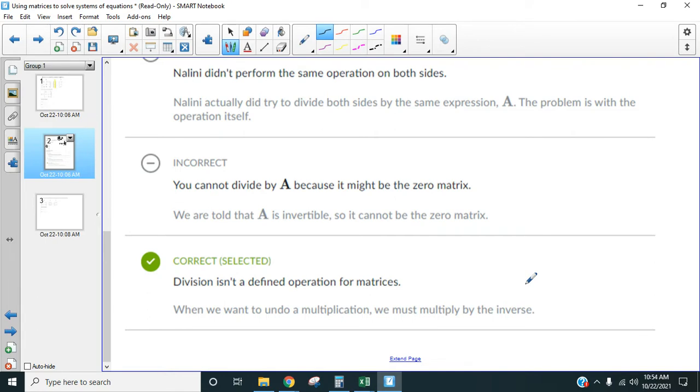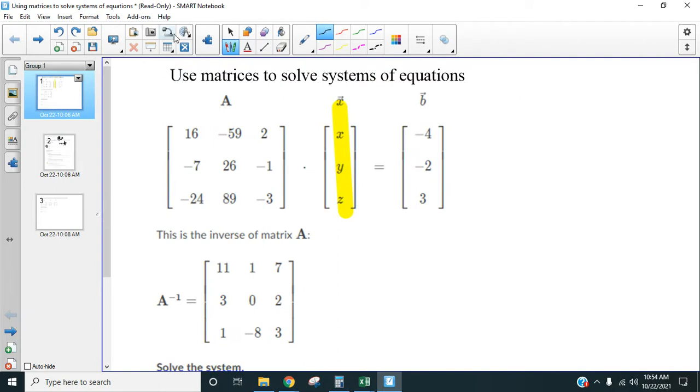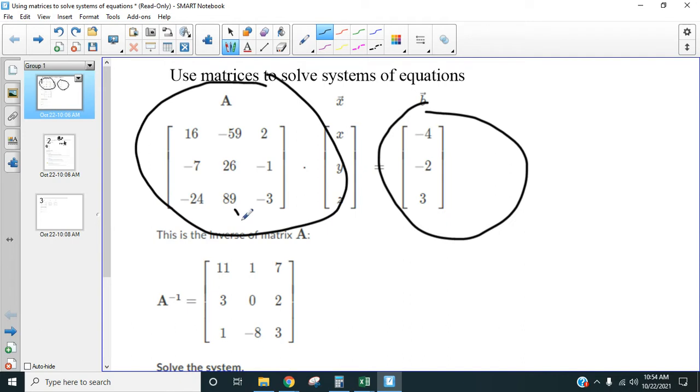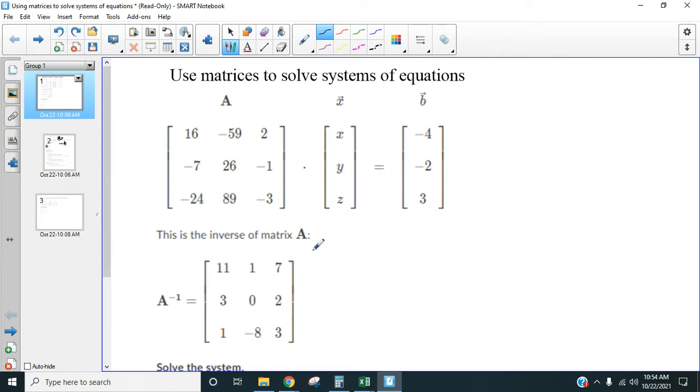It's the same idea. So right here, what we're going to do is multiply this by the inverse of A. So when we move this over here, quote, move, we multiply by the inverse instead of divide. Now on these, they actually give you the inverse.